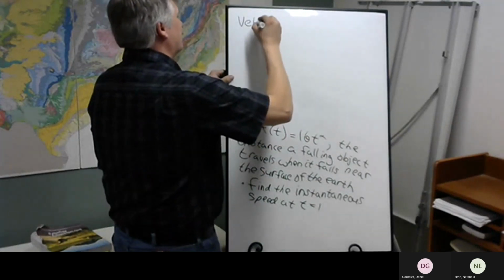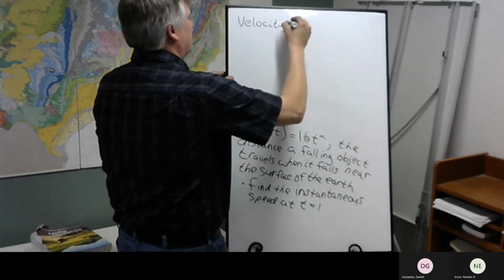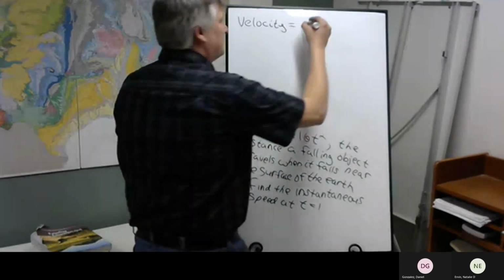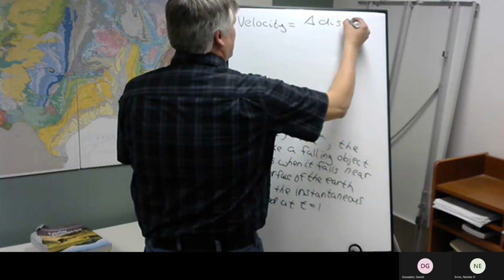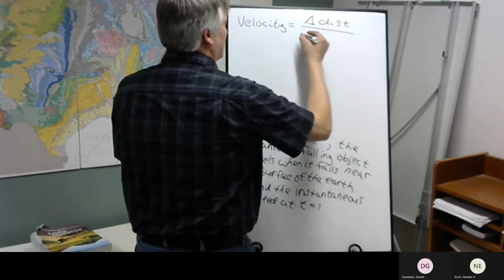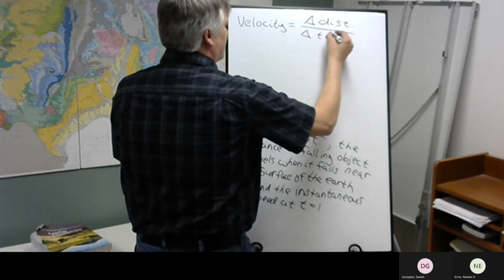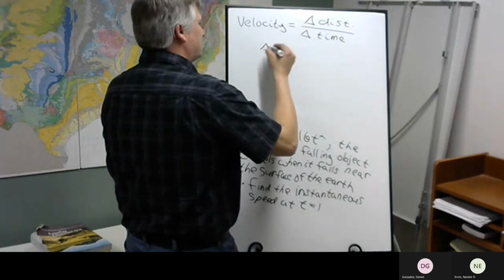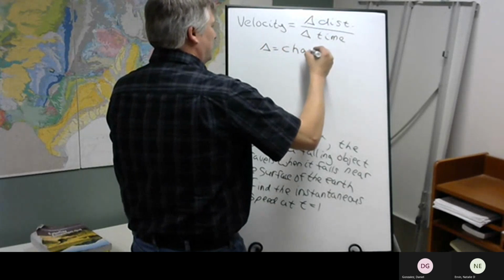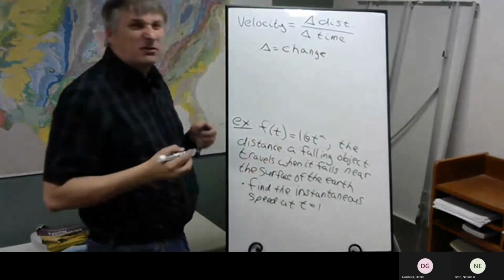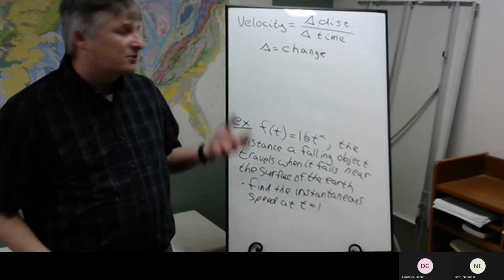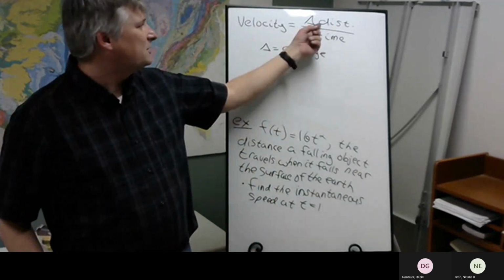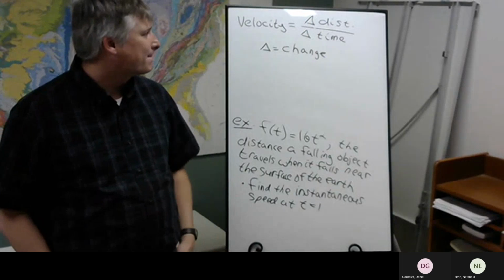Velocity is the change of distance, or delta distance, over delta time. Delta is change. So this is just sort of a math notation you'll see. You'll see this in physics as well. So delta means change. So change in distance over change in time.